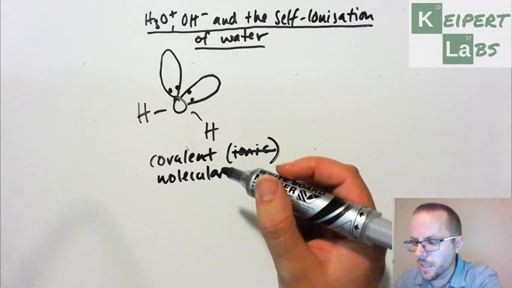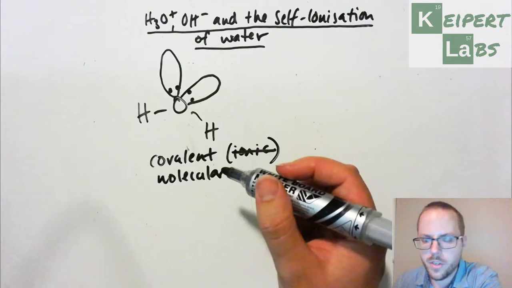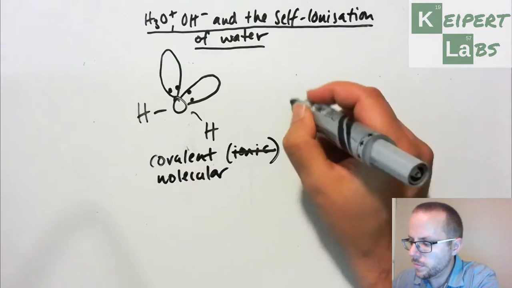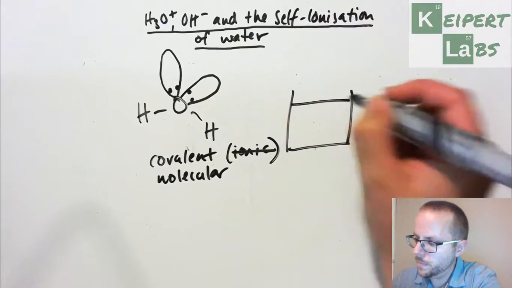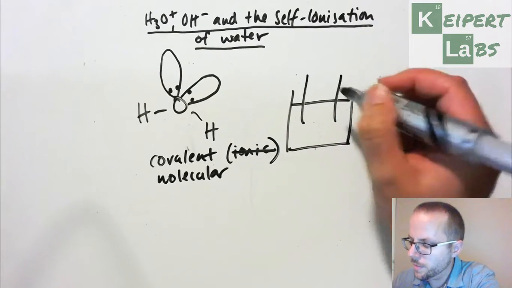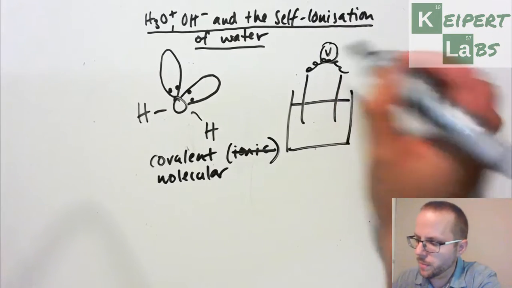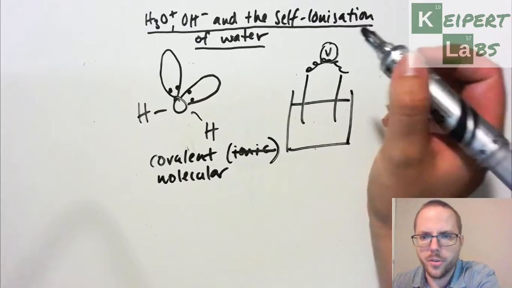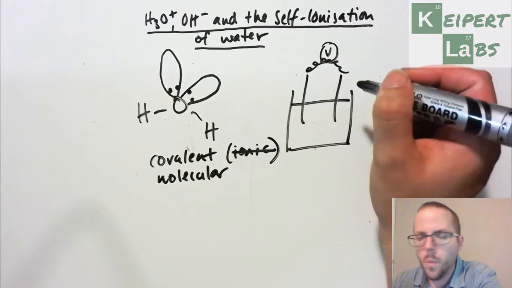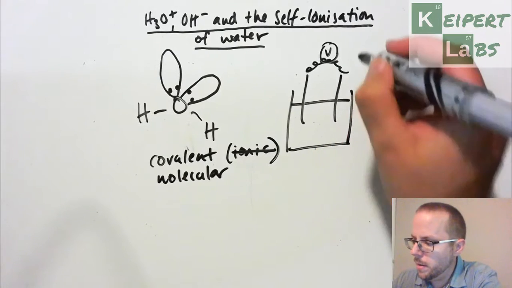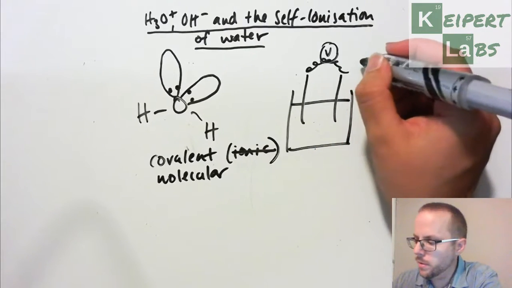Now the thing that's interesting is that it's molecular, so it's not made up of charged particles, like sodium chloride is. But if we take a beaker of water and stick in some electrodes and then monitor what happens with a voltmeter, or maybe we're monitoring the current, what we see is that we do get a small but noticeable conductivity.